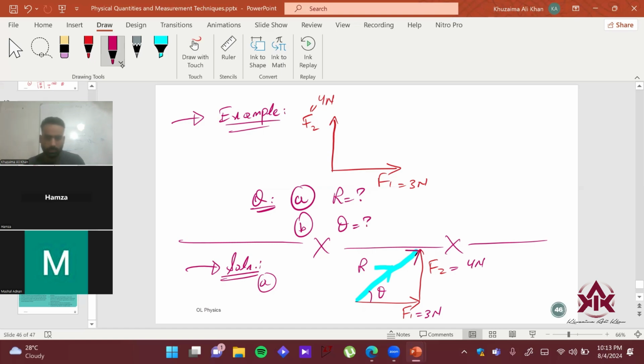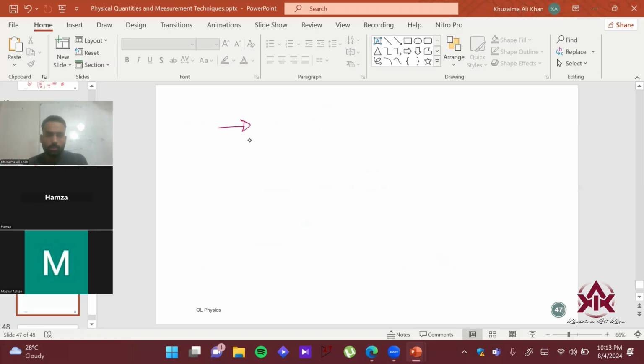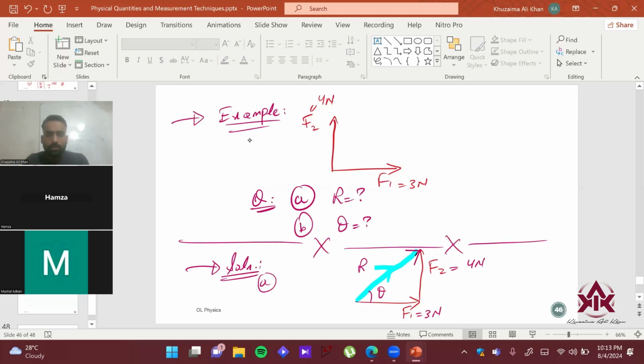So its head is pointing here. Let's solve for R. You know how to find R, we derived the formula using the Pythagoras theorem, so we can apply that directly. So your R is going to be the square root of F1 squared plus F2 squared. F1 is 3 newtons, F2 is 4 newtons, just put in the values.